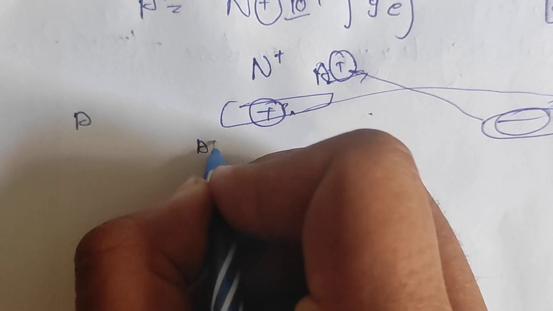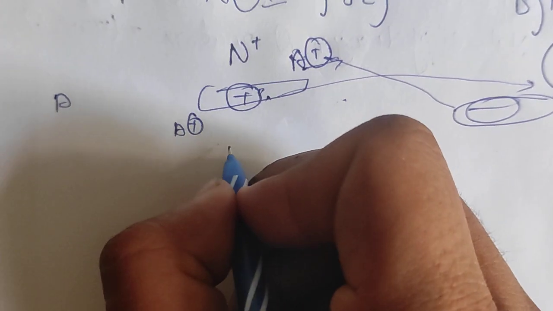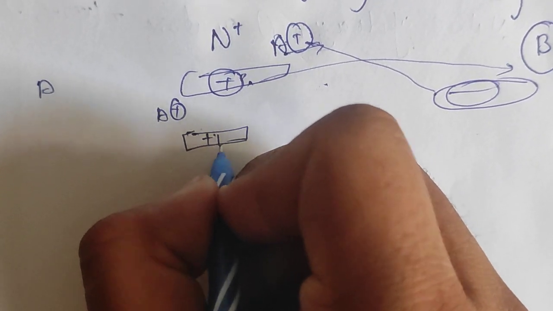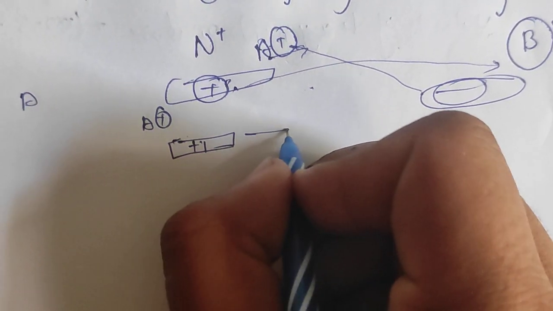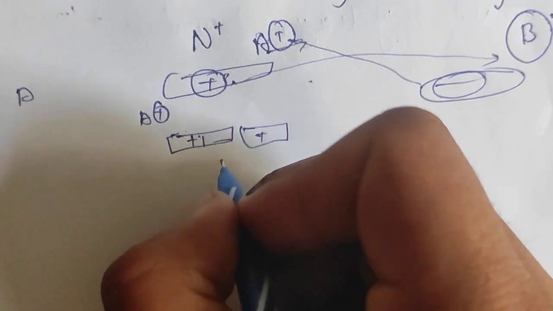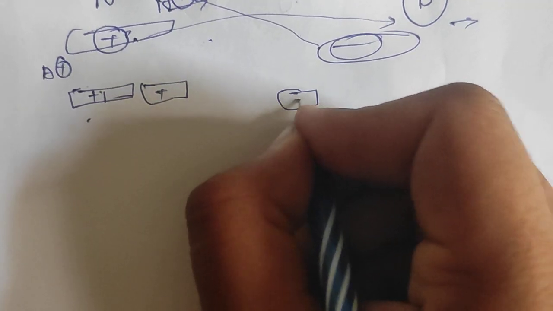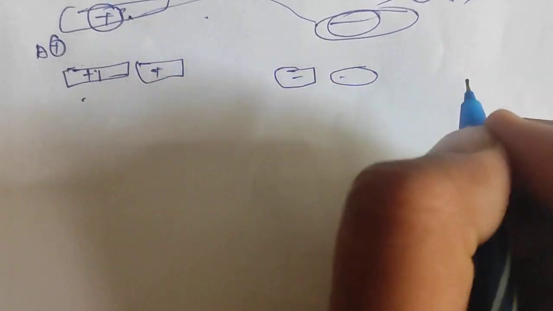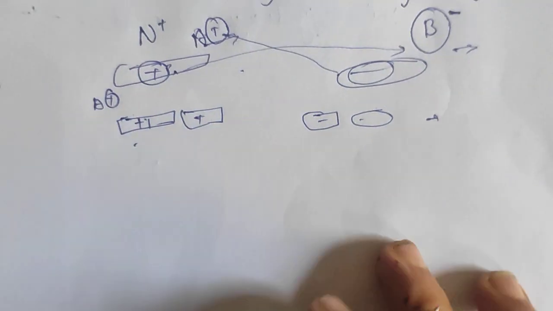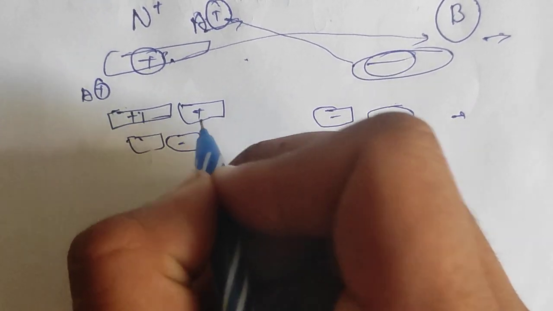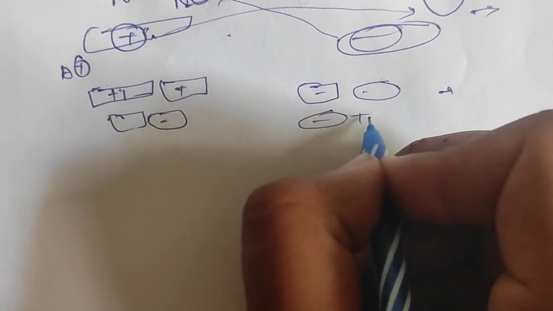For example, if the rod has one positive charge and I bring another positive charge, they repel each other. And if we have negative charge on the silk and another negative charge here, they again repel each other. And we know that positive and negative attract, similarly negative and positive attract.